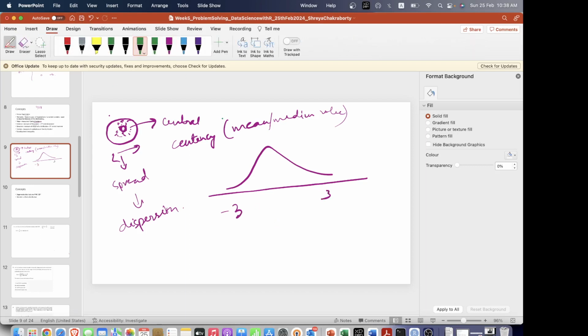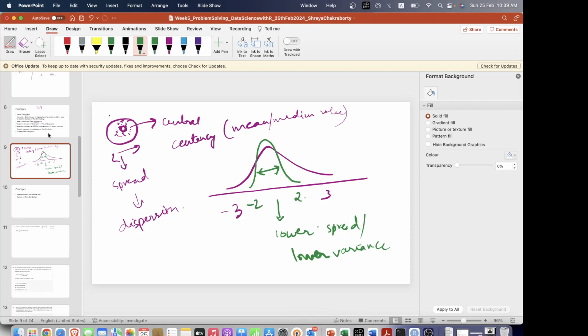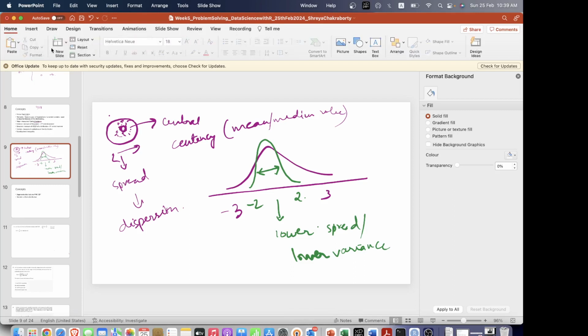Again, if we have a curve like this, which is spread from -2 to +2, so this has lower spread or lower variance compared to this one, because dispersion is giving us a measure of the spread. All right, okay.